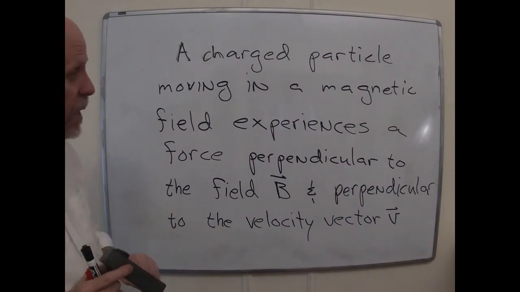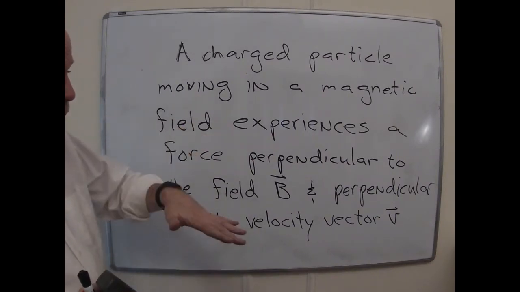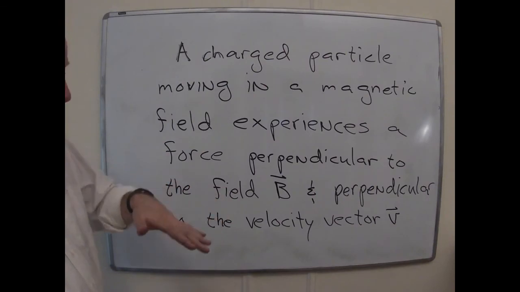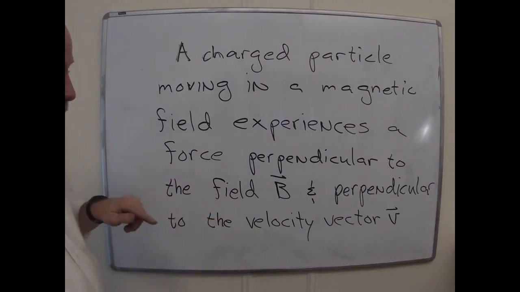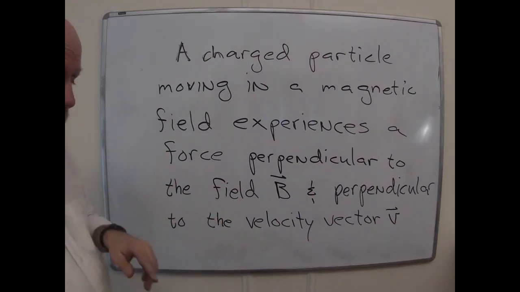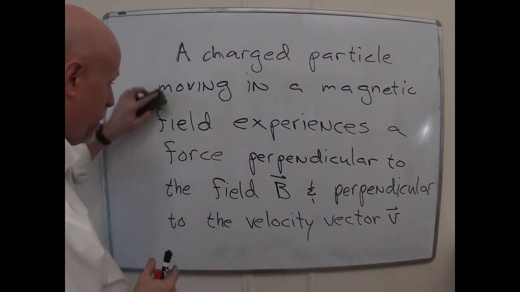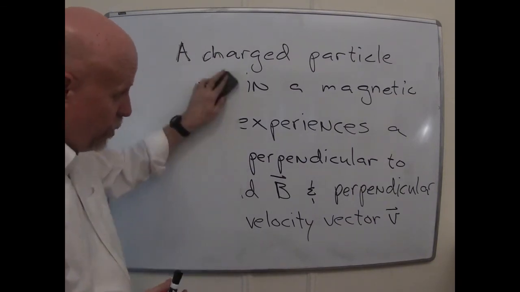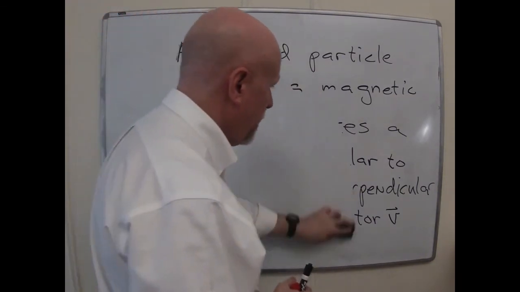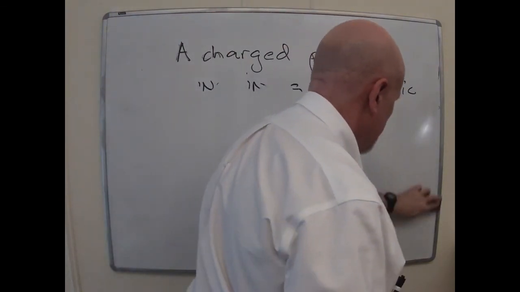It's pretty cool. And if you put a magnetic field across the cloud chamber, as a particle enters it, it experiences this force that's perpendicular both to the direction it's moving and to the applied field.